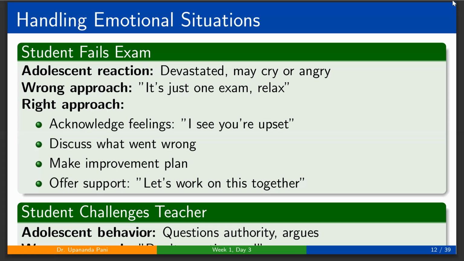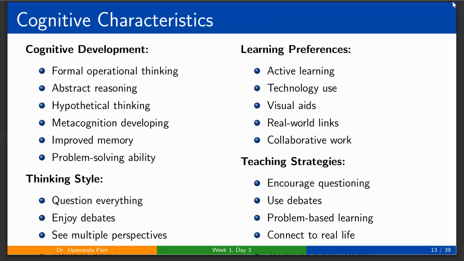Make improvement plan and offer support. Let's work on this together. So now student how they challenge teachers over here. Adolescent behavior is they question the authority. They argue with the teacher. Okay, so this is part of adolescent behavior.